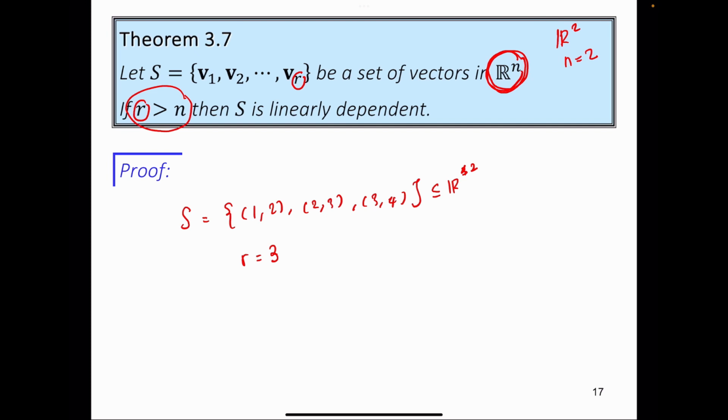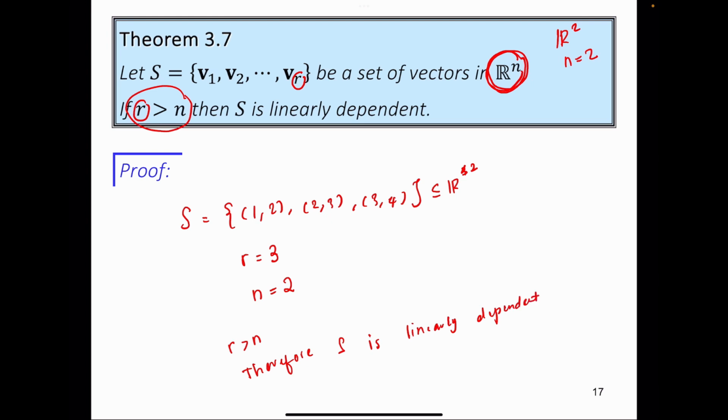Because we have 3 vectors in S, and N is equal to 2 because we are considering two-dimensional Euclidean space, we find that R is greater than N. Therefore, this theorem says that S is linearly dependent.